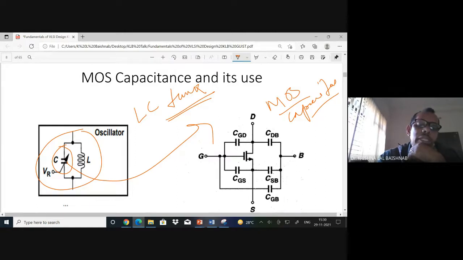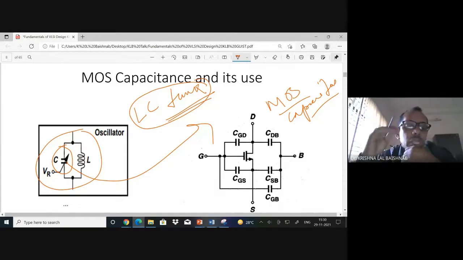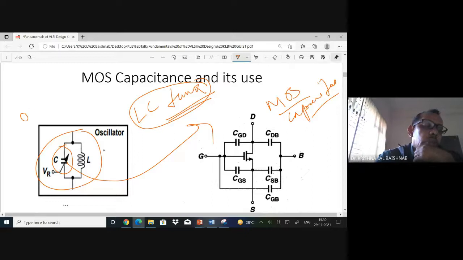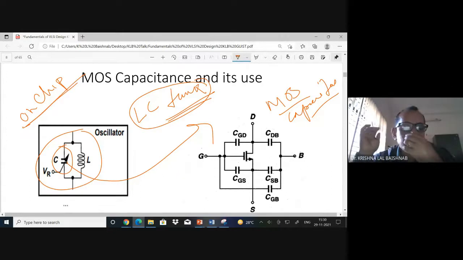The picture means that we are designing an LC tank where we need capacitance and inductance, and you know that in every application nowadays we are going for on-chip. What is on-chip? On-chip means all my circuit should be inside the chip.